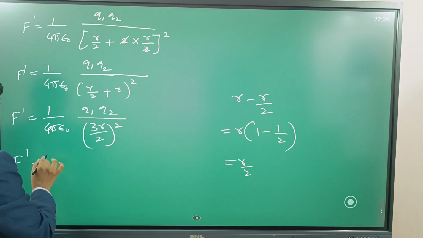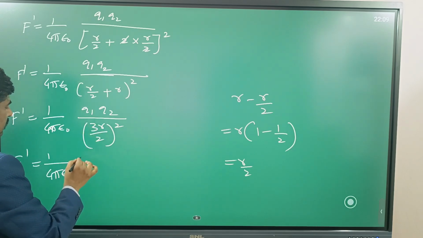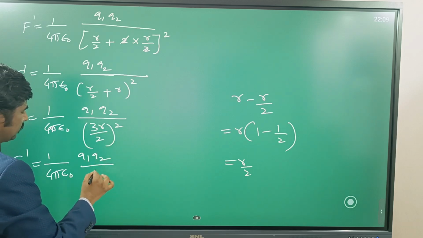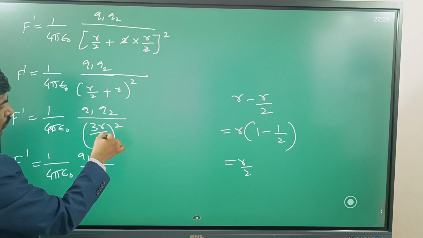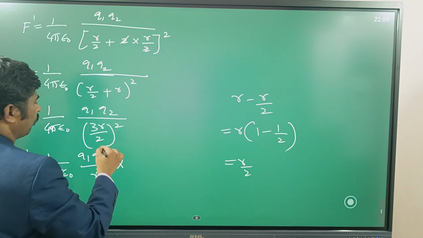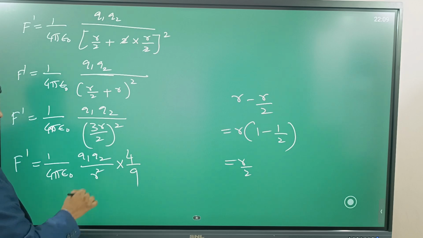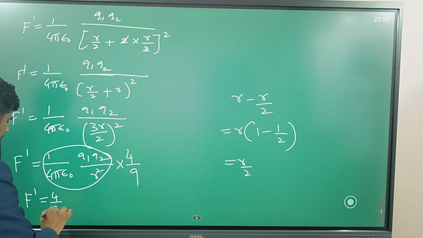F dash is equal to 1 divided by 4 pi epsilon naught, so the value of this one is q1 q2 divided by, so r square I will write separately, 3 threes are 9, 2 twos are 4. Then 4 goes to the numerator and 9 comes to the denominator. Then what is this value? F dash is equal to 4 by 9 into F.